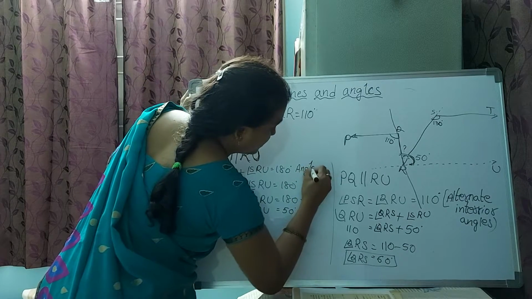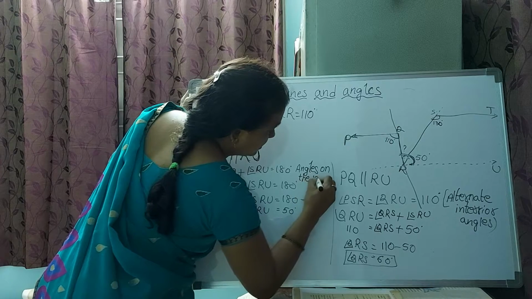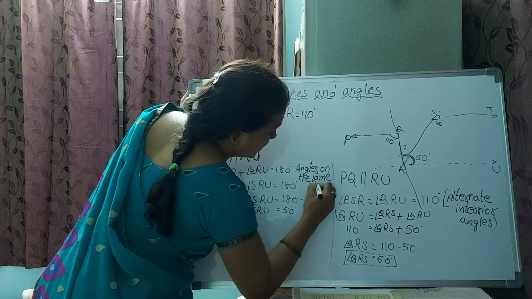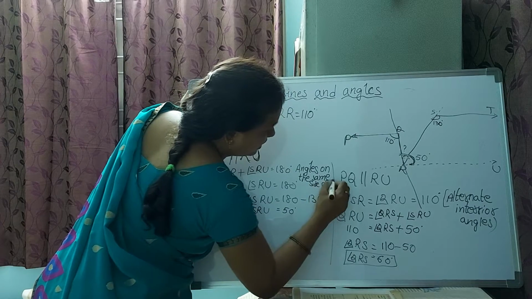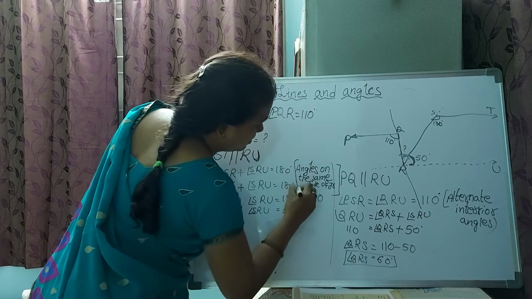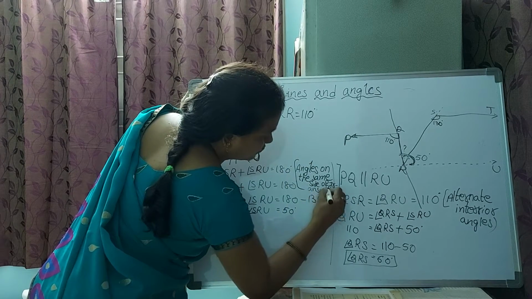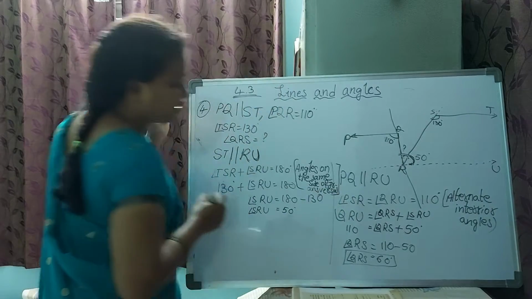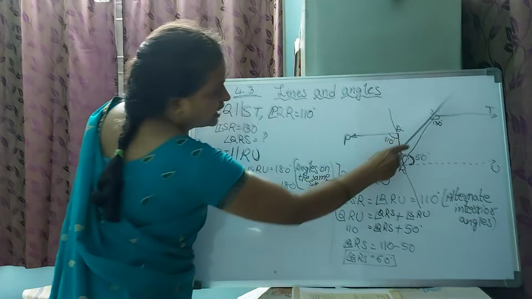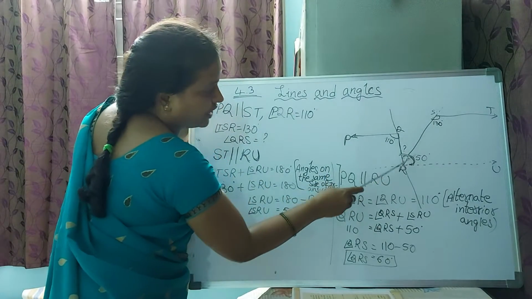Angles on the same side of the transversal. That's why, see, this is the transversal, and this angle and this angle are equal to 180 degrees.